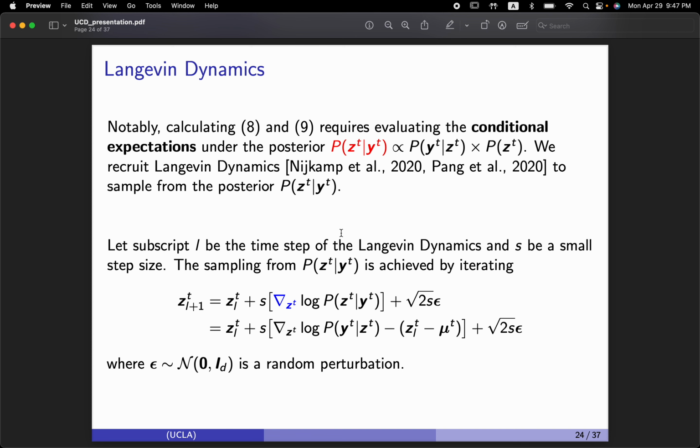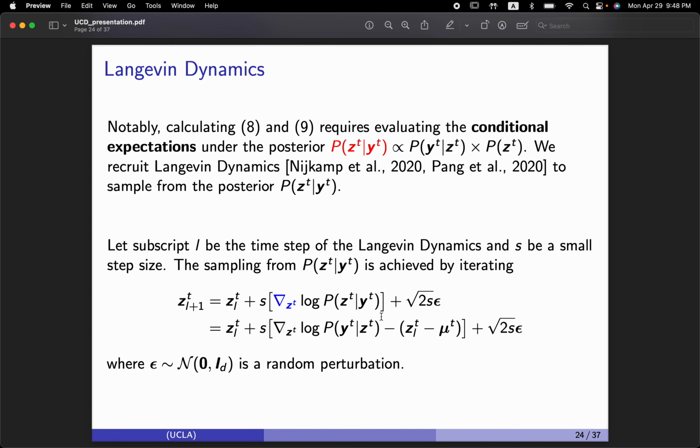The idea is that we are going to implement the following equation to draw samples from the posterior. The intuition is that we are sampling from the posterior distribution by moving in the direction of the latent variables under the posterior distributions.